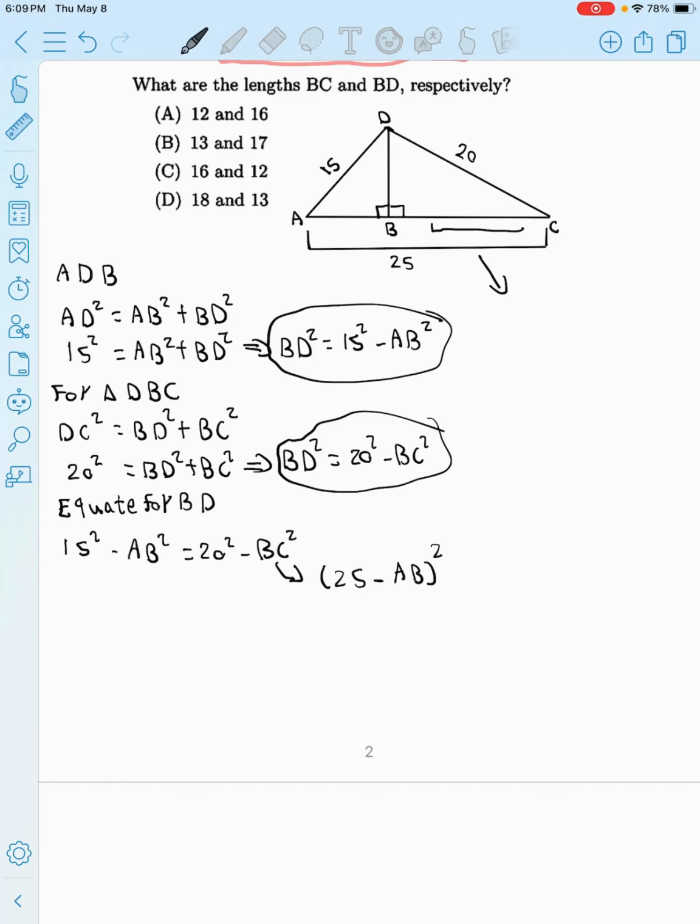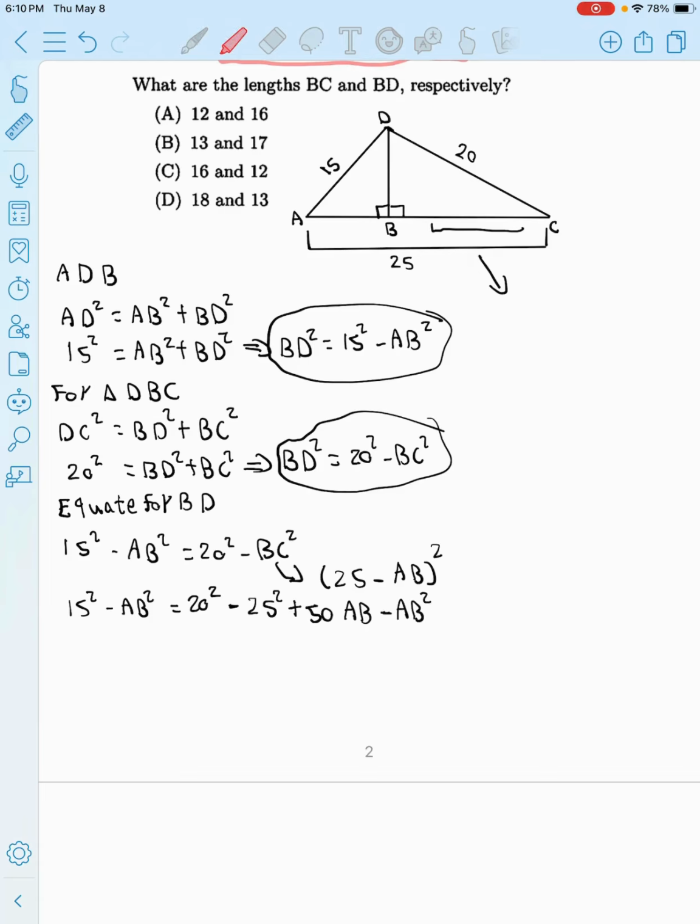Okay, so I came back and put everything together. So 15 squared minus AB squared equals 20 squared minus (25 minus AB) squared, and then we can expand the values here. So it's going to be negative 25 squared, plus, because here is negative, here is negative, so it's going to be positive 50 AB minus AB squared.